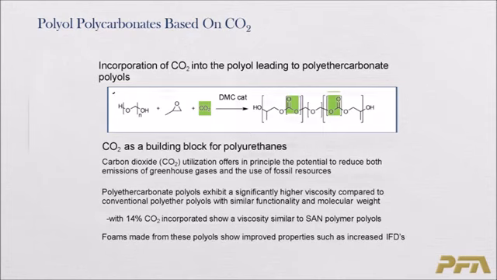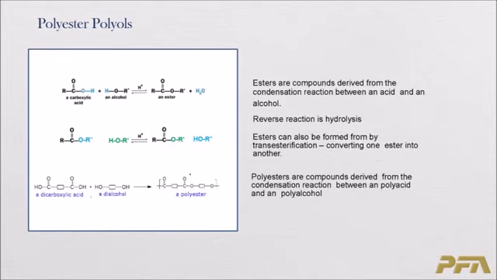So the other main class of polyols that are used in flexible foam are the polyesters. Polyester is by definition, you react either an acid with an alcohol and remove water, or you can make it by some type of transesterification process. Again, to make a polyester, you need a difunctional acid and a polyfunctional alcohol.